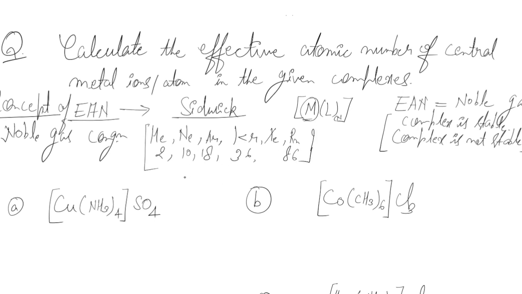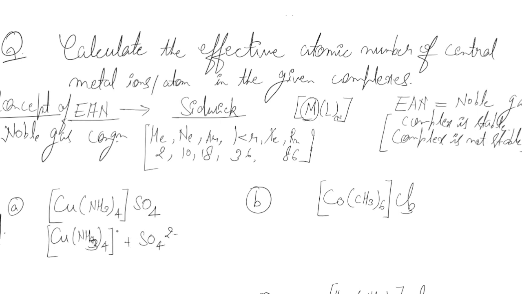So let's see how to recognize these things. The first question, we have a copper complex, copper ammonium sulfate. Once you do the ionization, this will be the copper tetraammine complex, [Cu(NH3)4] with a positive charge, plus sulfate 2 negative.